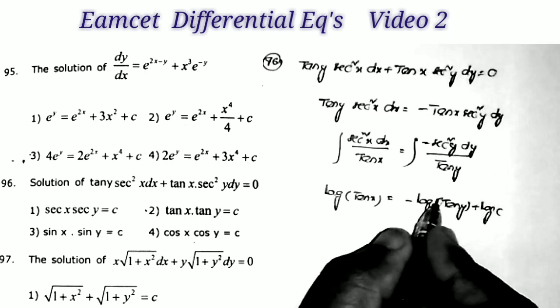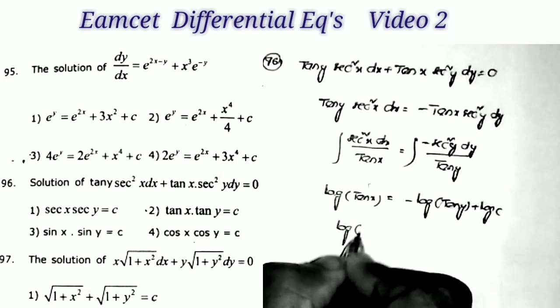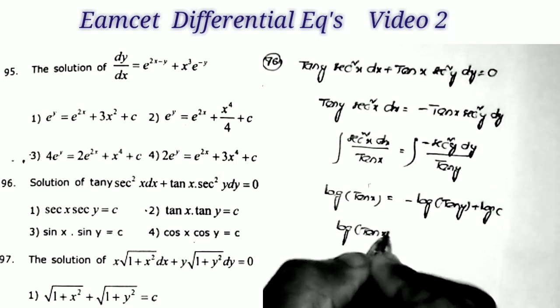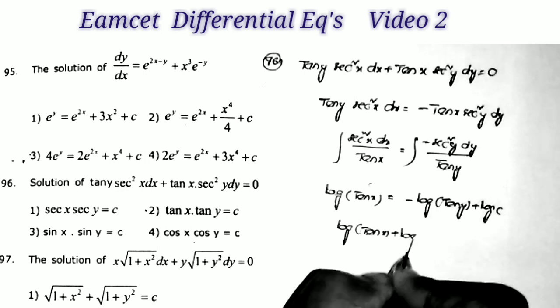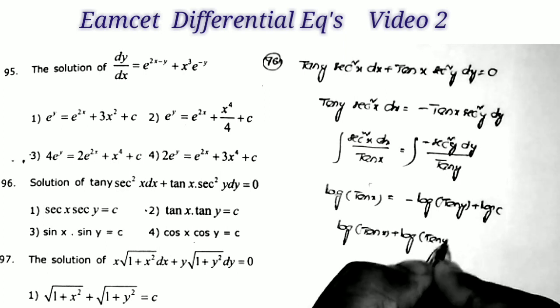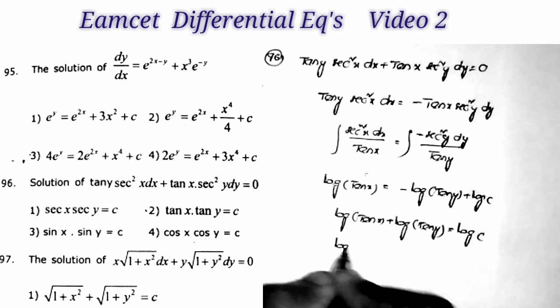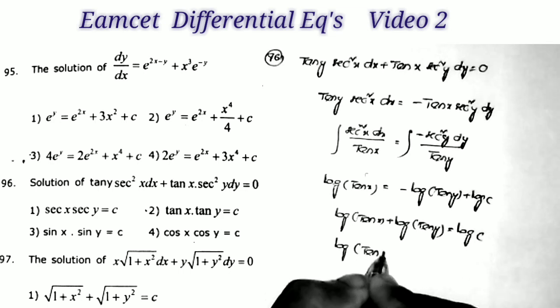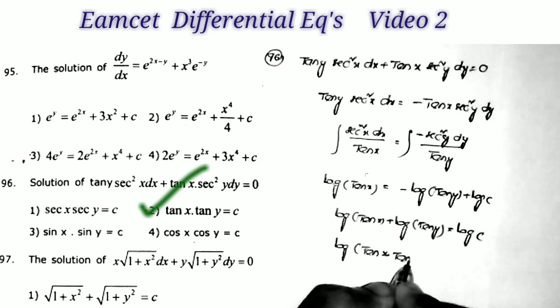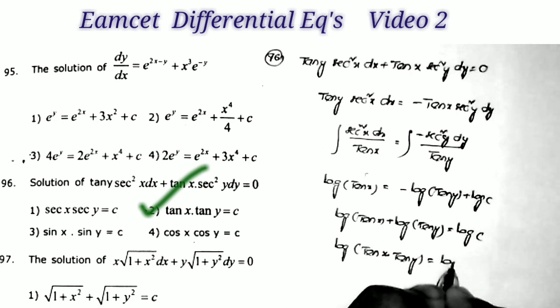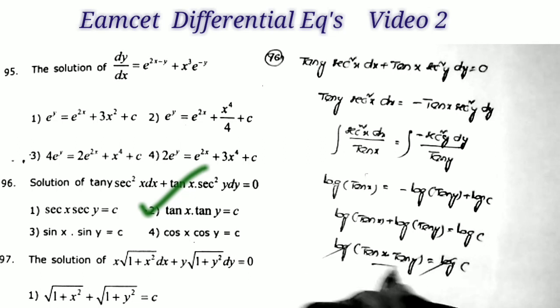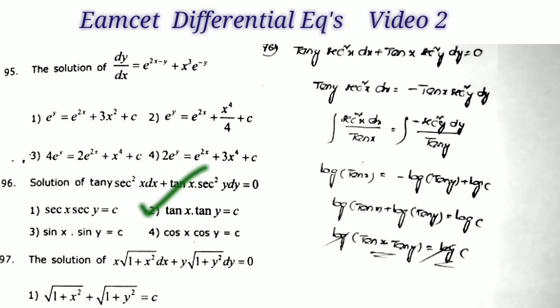Now writing this value to this side, log of tan x plus log of tan y is equal to log c. Now log a plus log b is log of a into b, that is log of tan x into tan y is equal to log c. Now cutting the logarithm, therefore the answer is tan x into tan y is equal to c. That's all, and that is the second option.